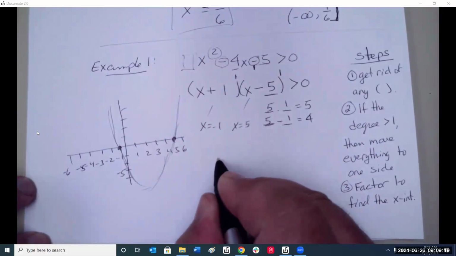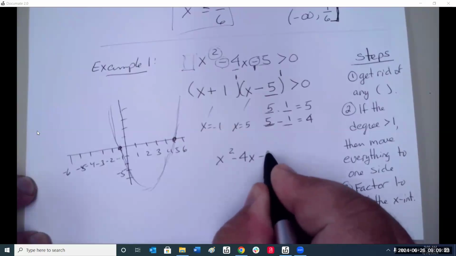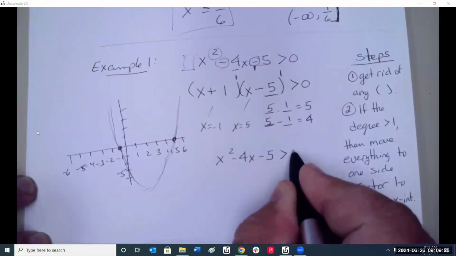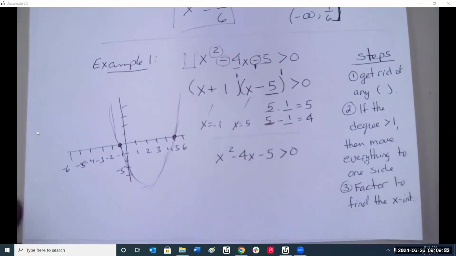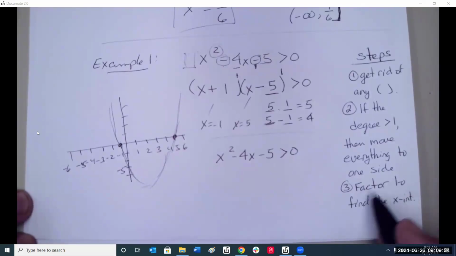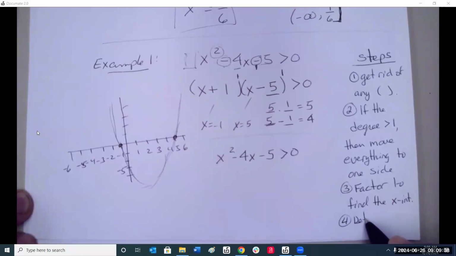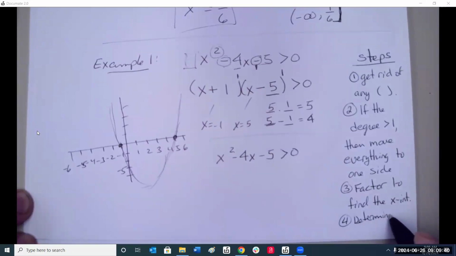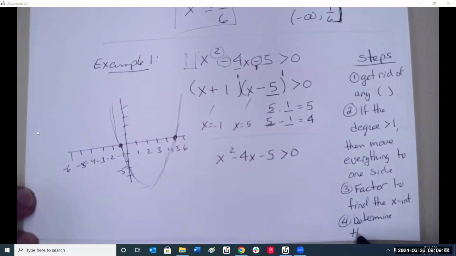So remember, our equation that we're looking at, once we get it to one side, is this one. Once you factor and draw the graph, determine the solution.